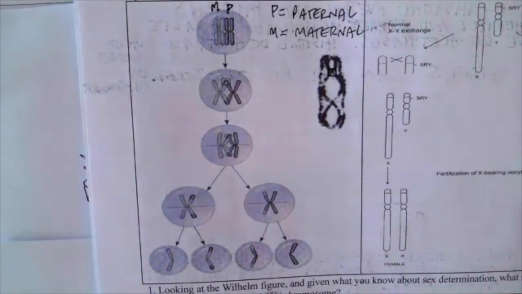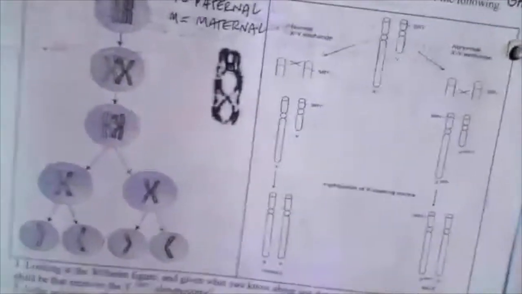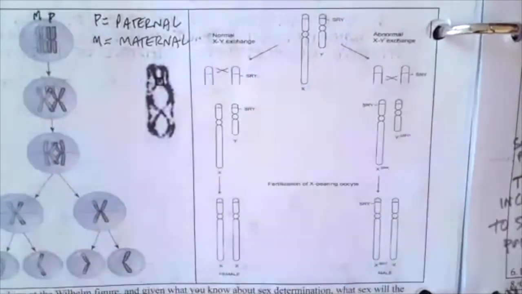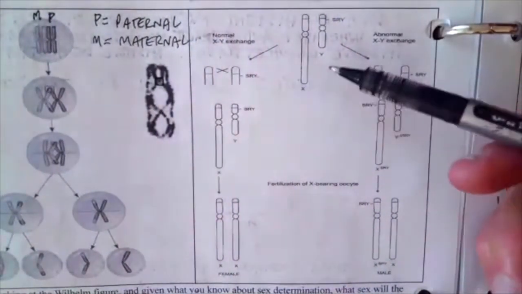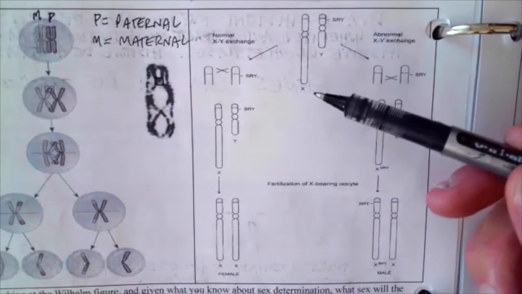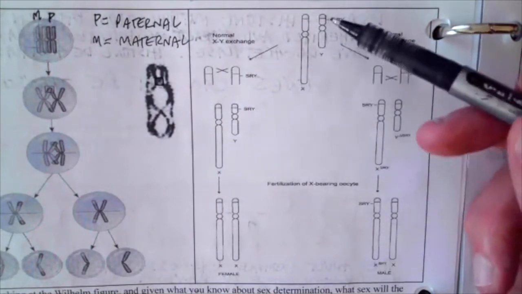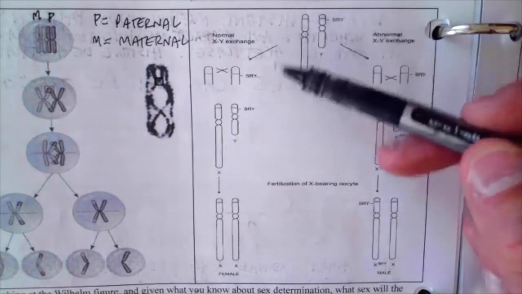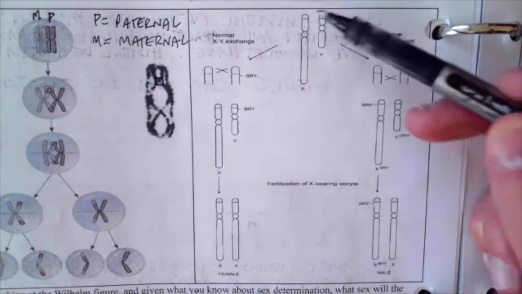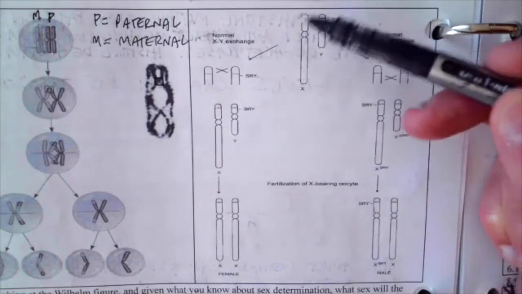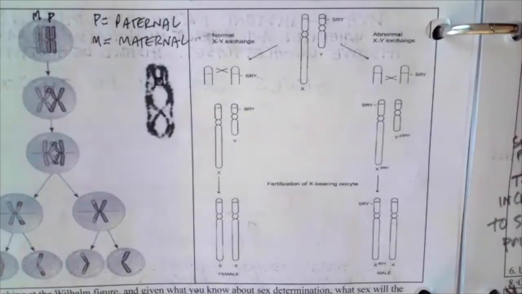All right. So now let's look at just the XY chromosome. If this is an X chromosome and a Y chromosome in a cell that's going to make a gamete, we can say that this cell comes from who, Grace? Mom or dad? The X comes from mom.